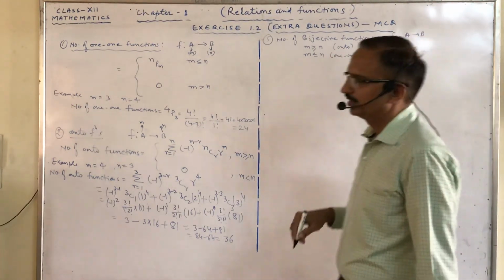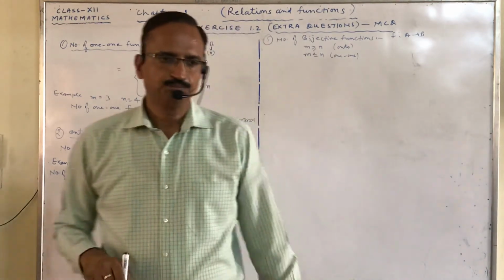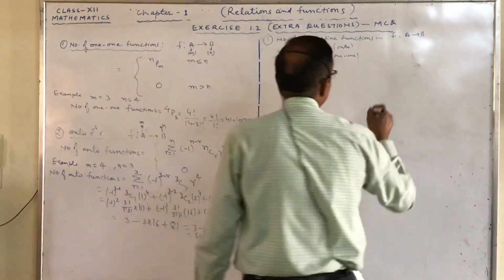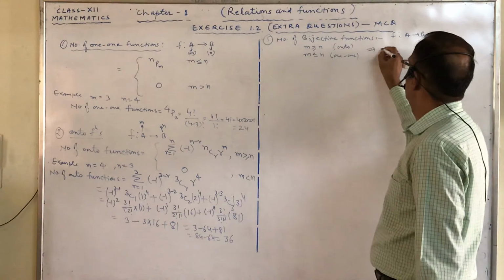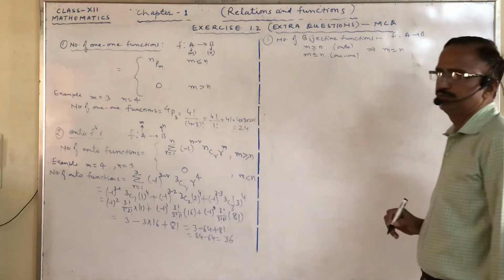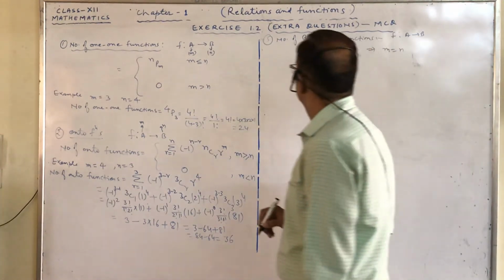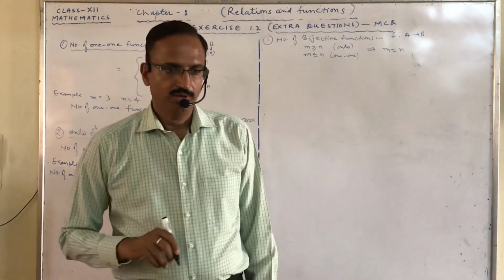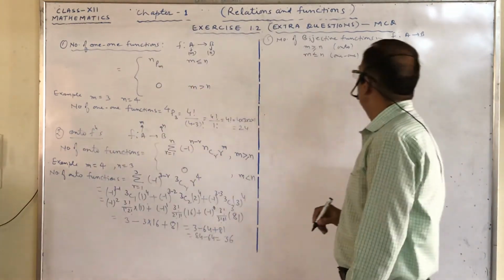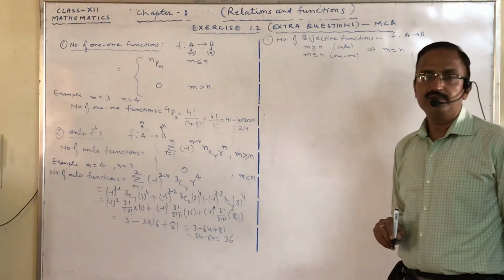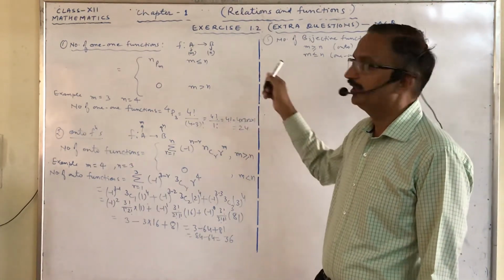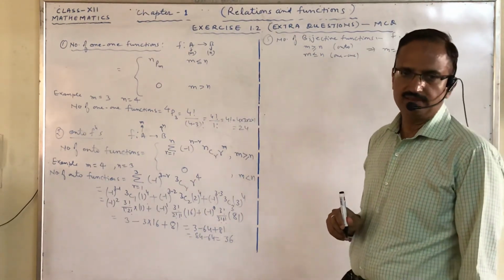So when we combine the result of these two, we get m equals n. It means bijective functions are possible only if m and n are equal. It means both the sets have the same number of elements.